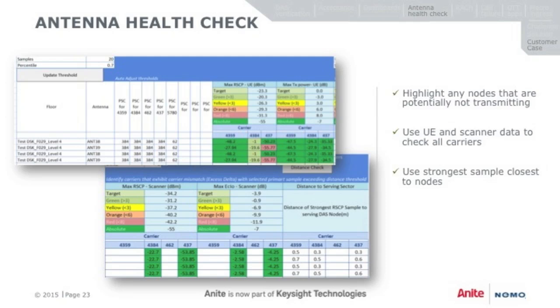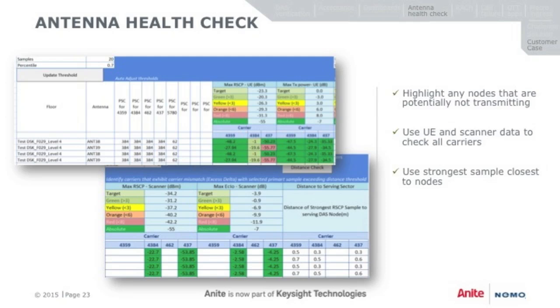And, again, we have made it dynamic in a way that you can actually go in and change some of the thresholds. So you can change your power thresholds, your RSCP, your RSRP thresholds, and we can actually show you the antenna that is transmitting, the channels that it is transmitting.